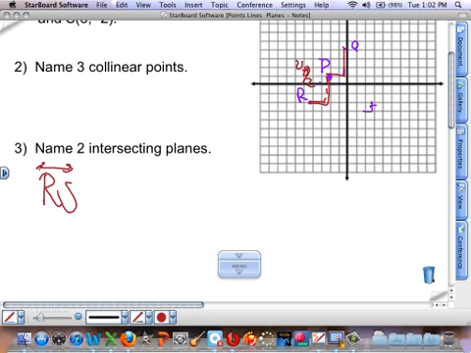We want to make sure we use the correct notation. So line RS, and give me another line that would intersect RS. Well, okay, so here's line RS, going through like that. What line intersects that?